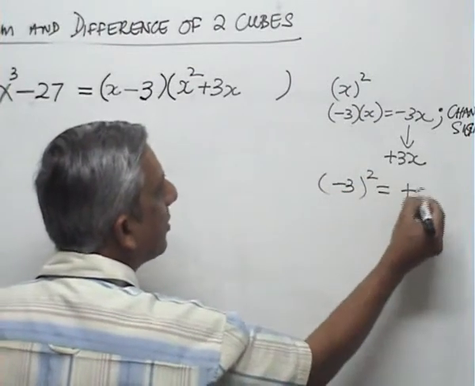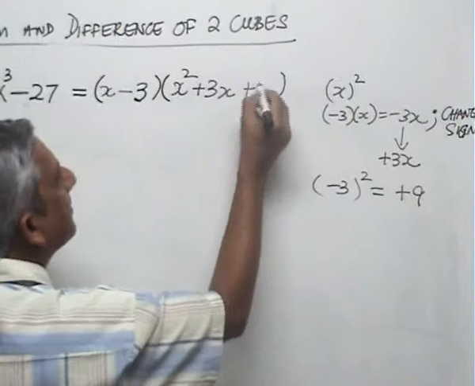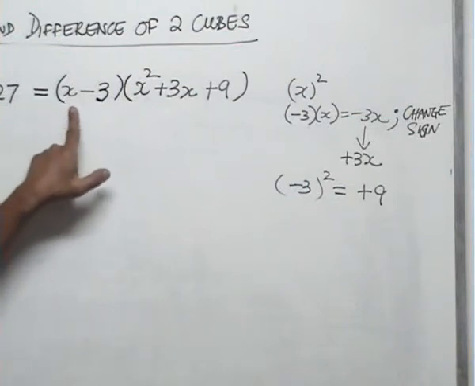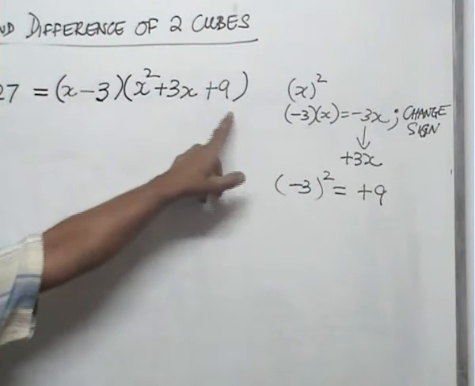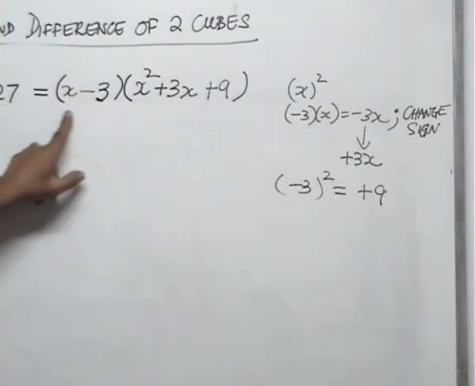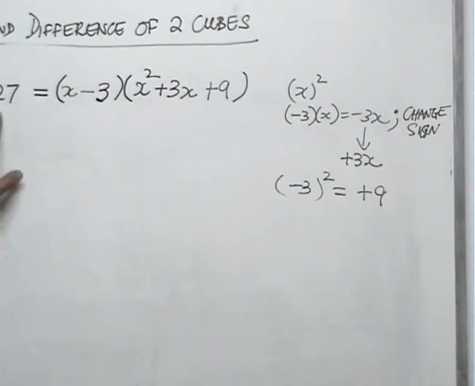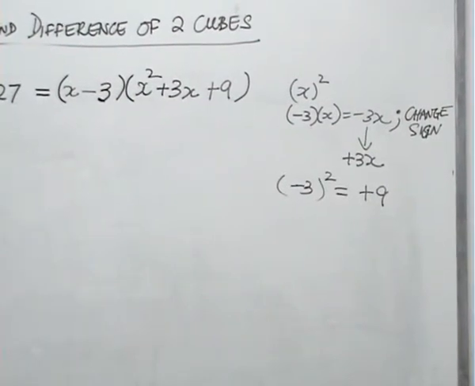Do that on a calculator, you'll get plus 9. So that is how you factorize a difference of two cubes. Now, if you multiply this out, doing it step by step, you'll find that you will get x cubed minus 27.